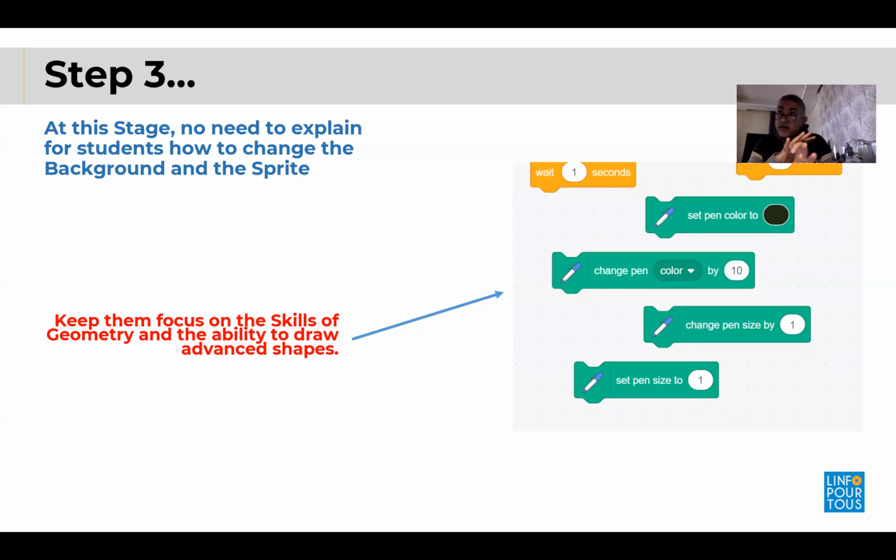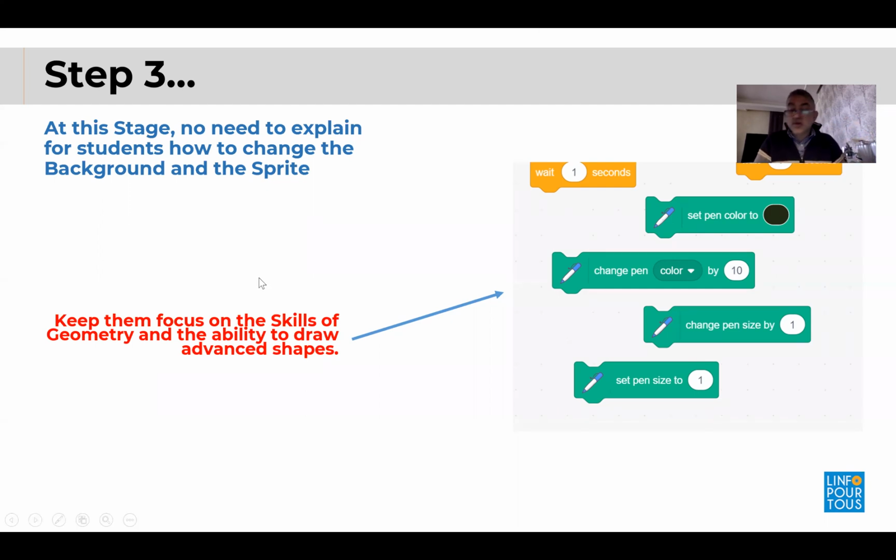Try to focus only on shapes, calculation, and drawing geometric shapes. Later on, once you reach the second section, which is creating stories, you will be working with the background, how to change a background, how to draw a background, and even how to change the sprite or how to draw a sprite.